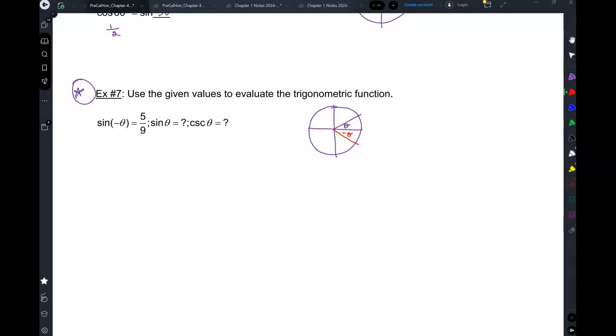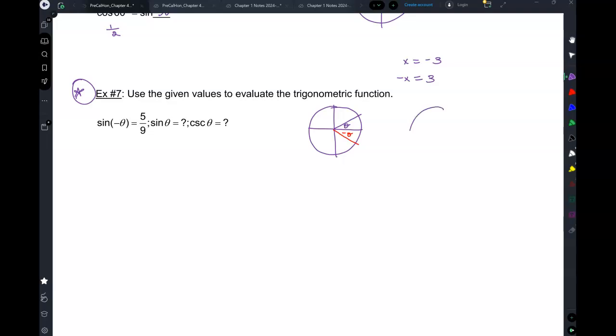Now, let's think about that word negative. Suppose x is negative 3. How much is negative x? Positive 3. So when you have negative theta, it just means theta of the opposite sign.